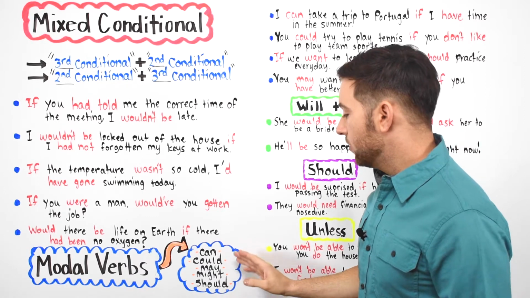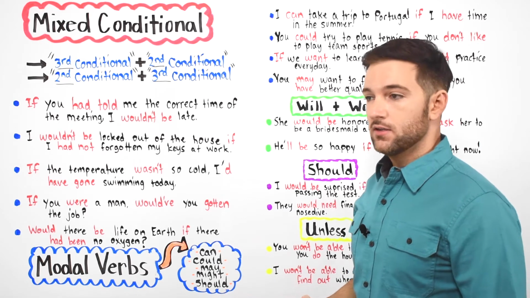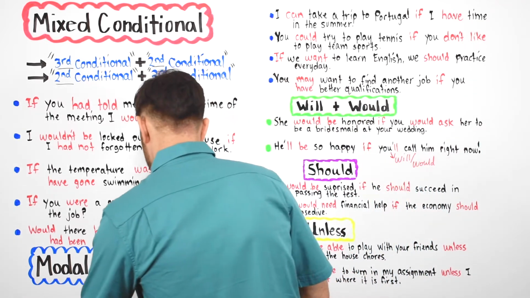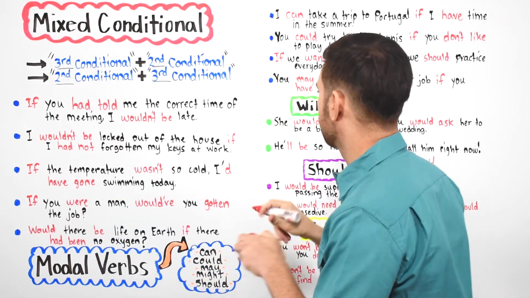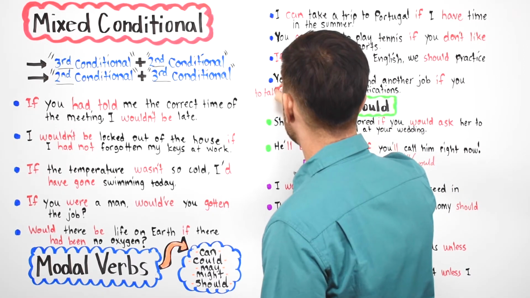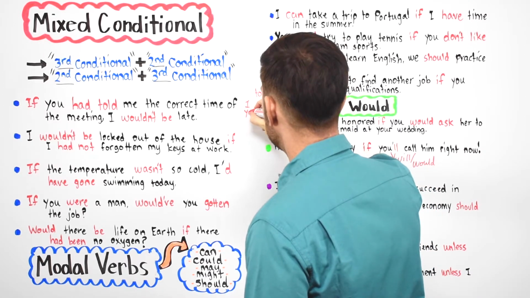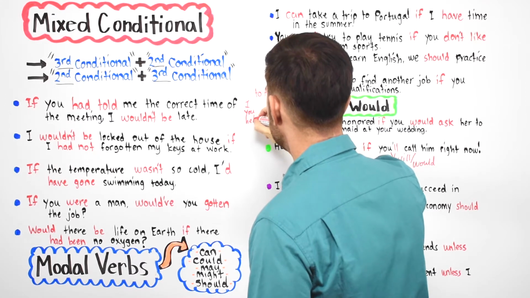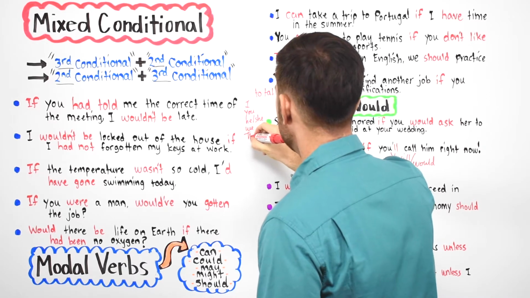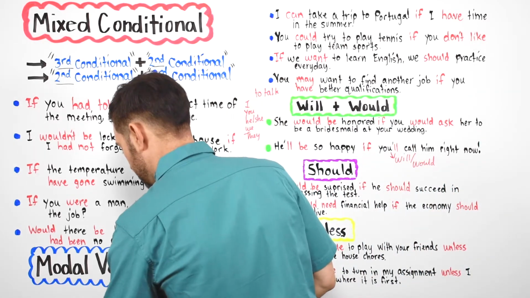Now you remember that with modal verbs, we do not change them according to the pronoun. Often when we have a verb like, how about talk? When we have the verb to talk, and then you have pronouns like I, you, he, she, we, and they, we have to conjugate the verb.